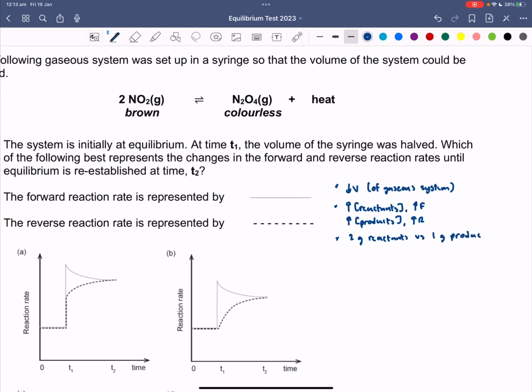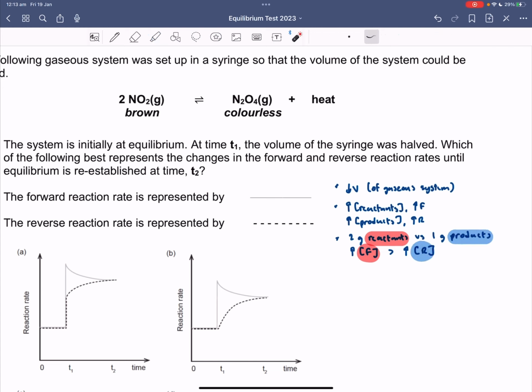And for that reason, the increase in the forward reaction rate is greater than, or more profound than, the increase in the reverse reaction rate. And don't forget why that is. The reason is that reactants do the forward reaction, whereas products do the reverse reaction.